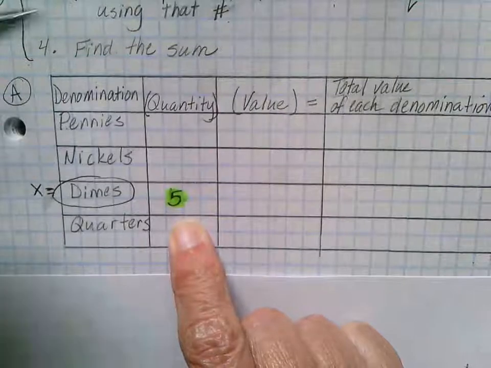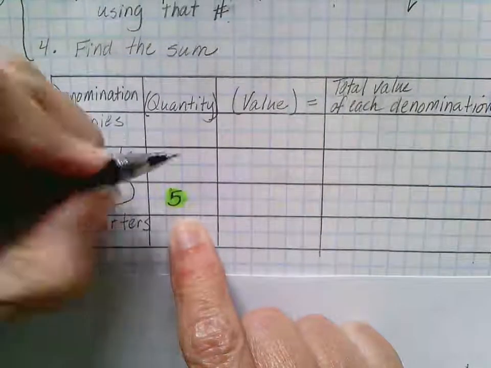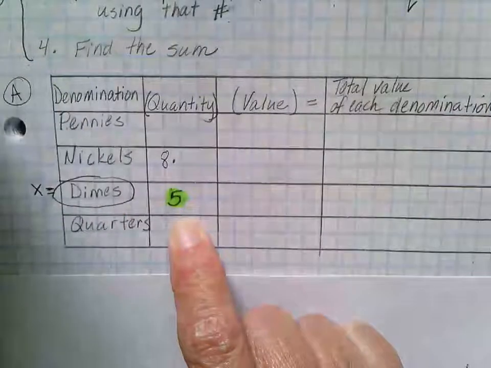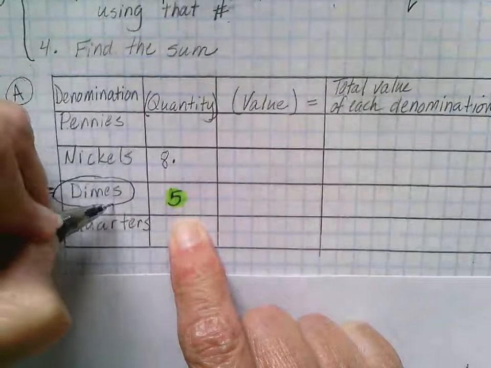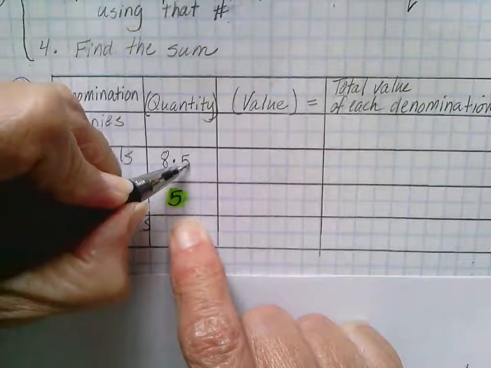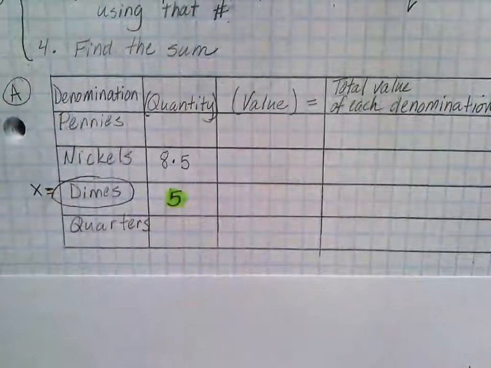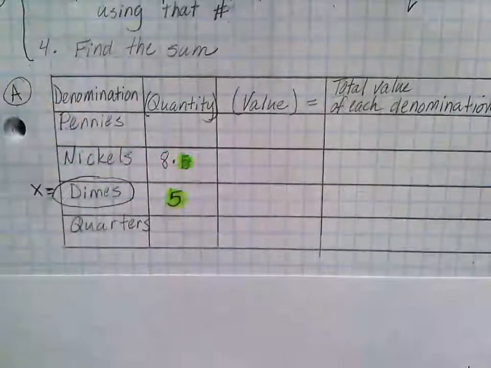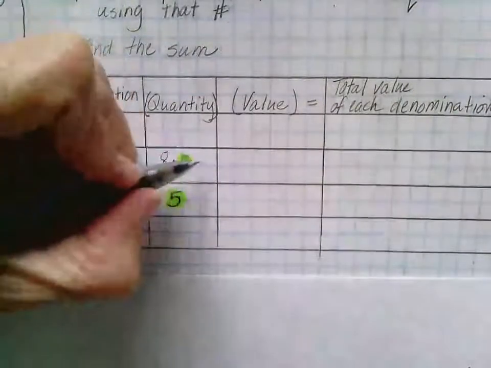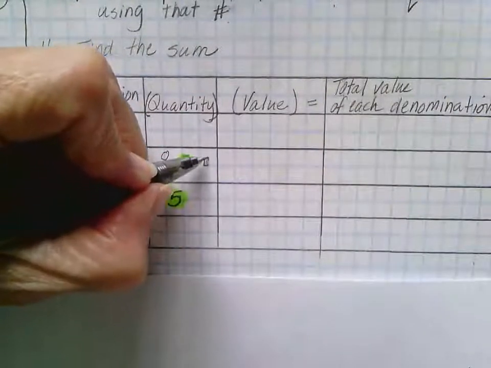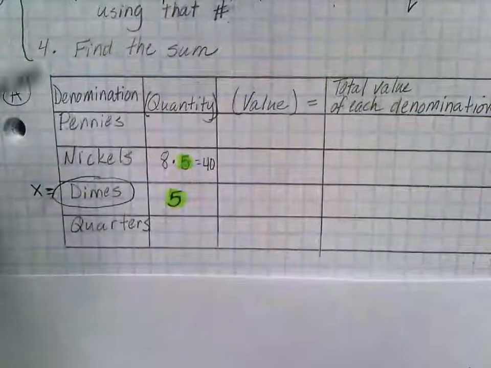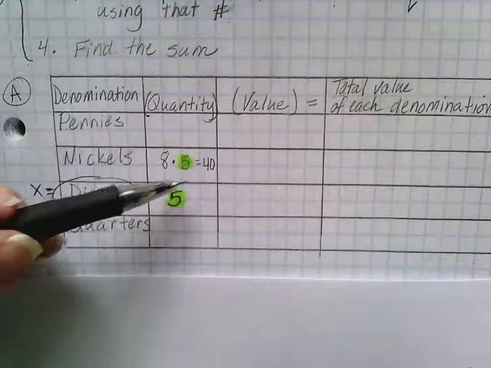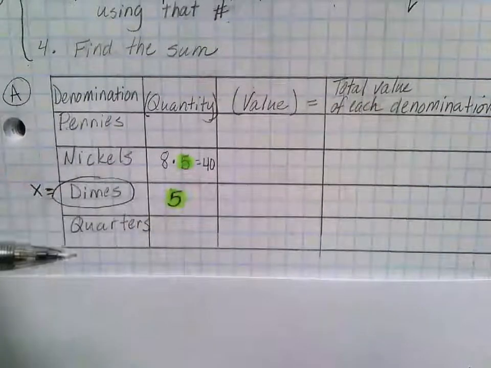So I am going to say that I'm going to have 8 times as many nickels as I do dimes. So that would be 8 times 5. So in the end, the answer that the person would be finding is you have 5 dimes, you have 40 nickels.